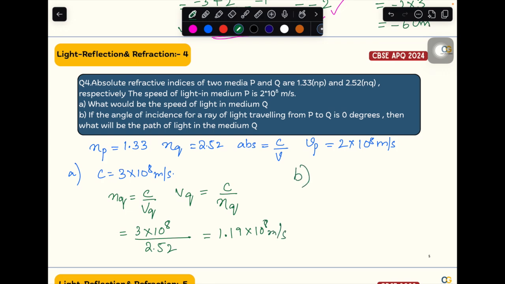Now the second part of the question, the angle of incidence i is given to be 0 degrees. Right? They're asking what is the angle of refraction or what will be the path of it. So here we are going to apply Snell's law. What is Snell's law?